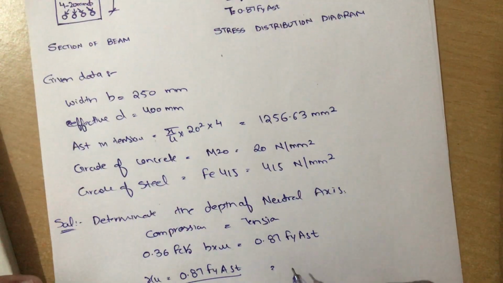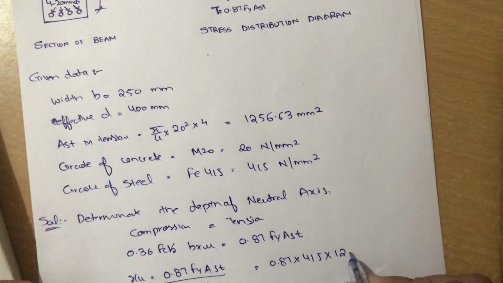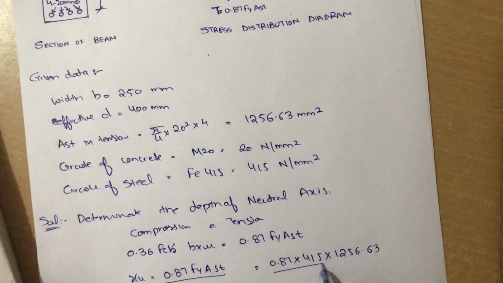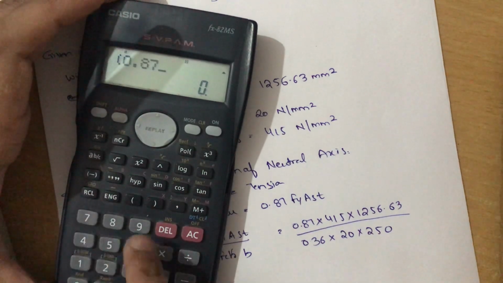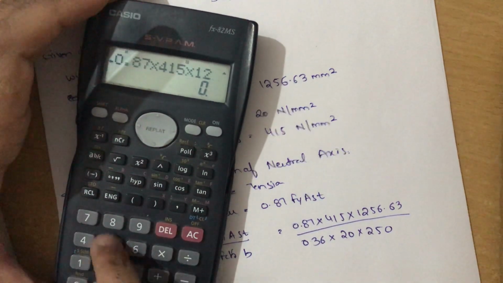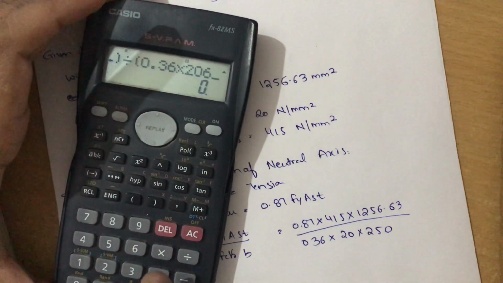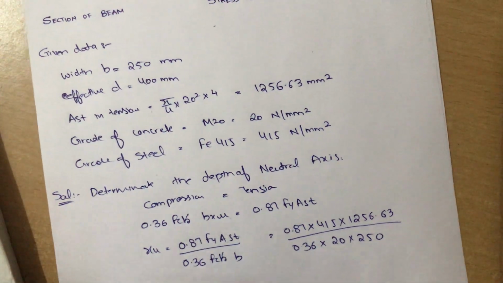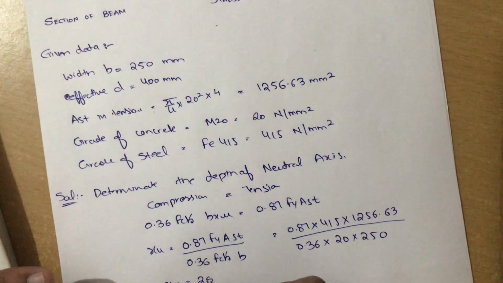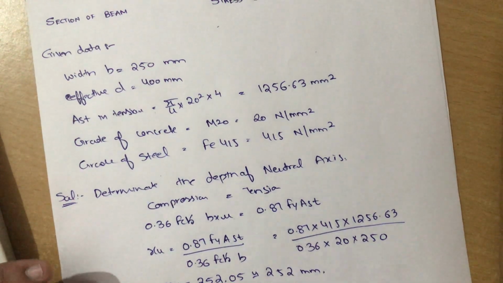Now put the values in this equation. xu is equal to 252.05, roughly 252 mm.